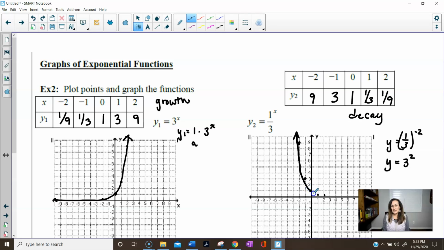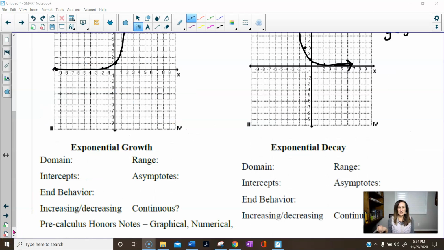So radioactive decay is going to look like this. And then you're going to approach the asymptote of y equals 0. Let's quickly fill in the characteristics of this graph. The domain is all real numbers because we go left to right forever, so -infinity to infinity.